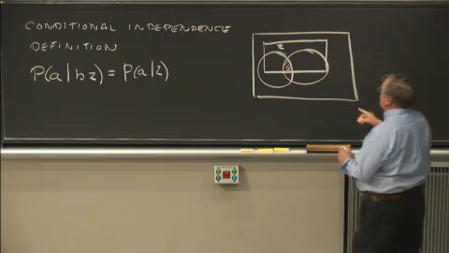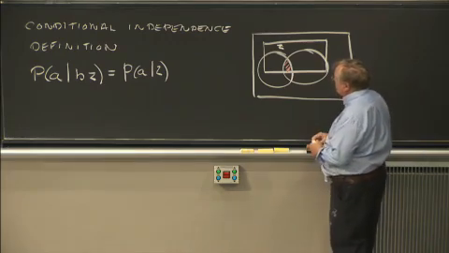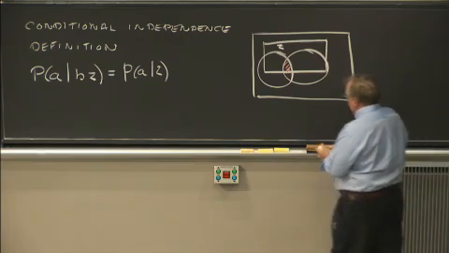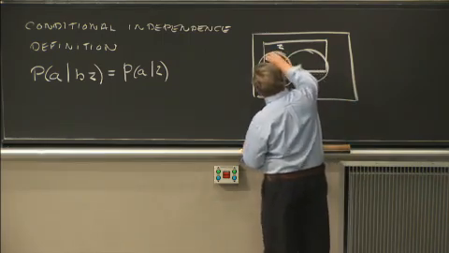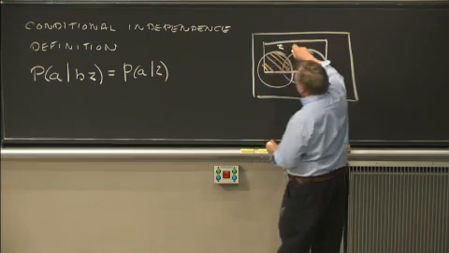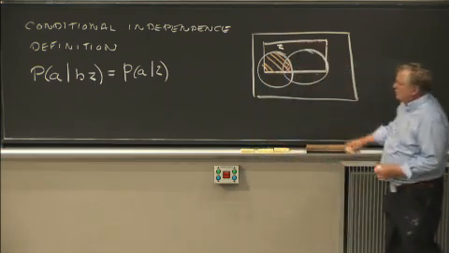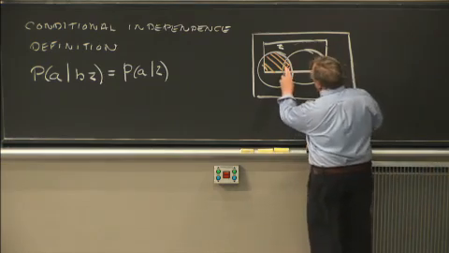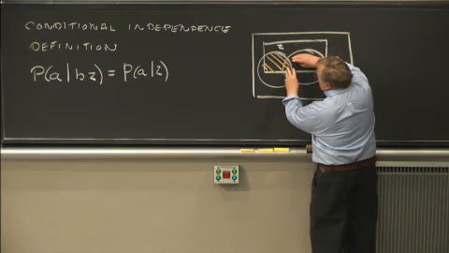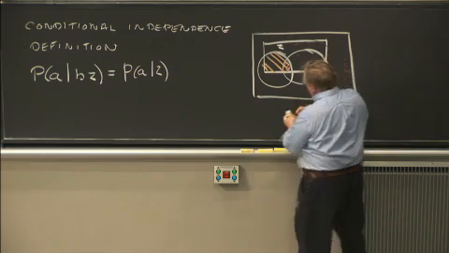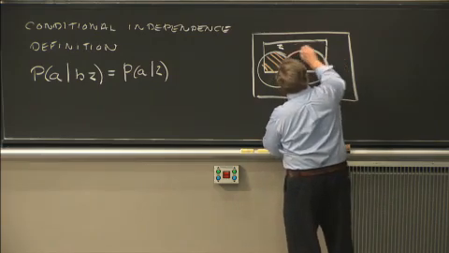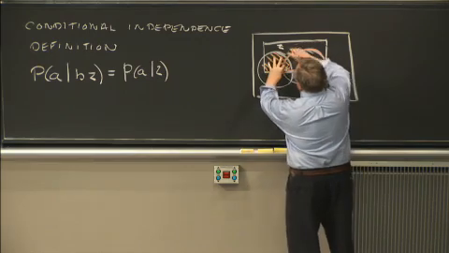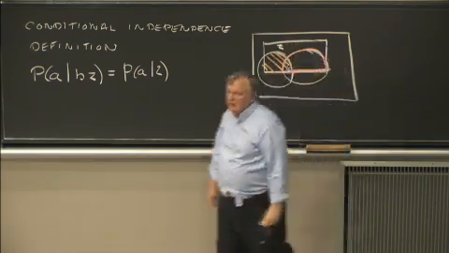A given B and Z is that part there. And the probability of A given Z is this part here, divided by all of Z. So we're saying that the ratio of this little piece here to this part, which I'll mark that way, the ratio of this to this is the same as the ratio of that to that. So that's conditional independence.